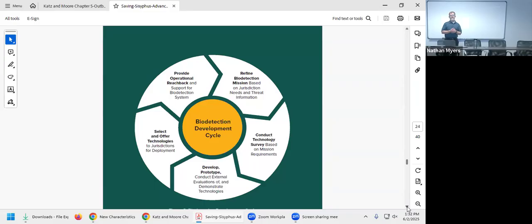Select and offer these technologies to the different jurisdictions. And then provide operational reachback and support for biodetection. So, providing the technology and then going back and helping the communities to evaluate how well the system is working, how it could be improved, and providing support for improving the systems.